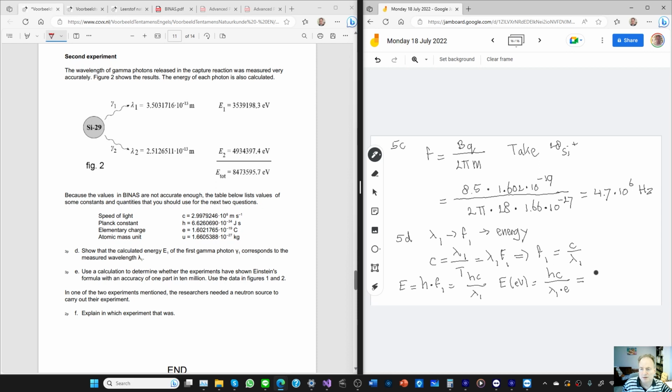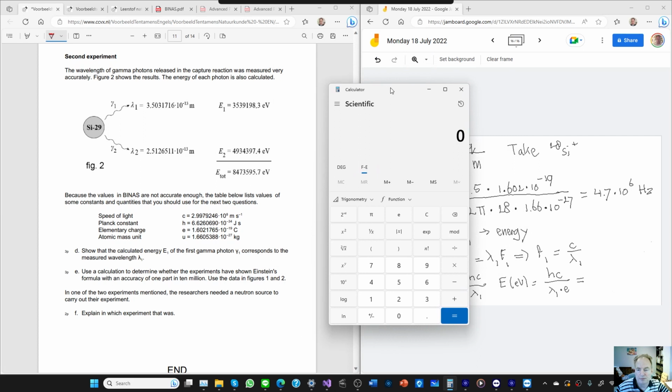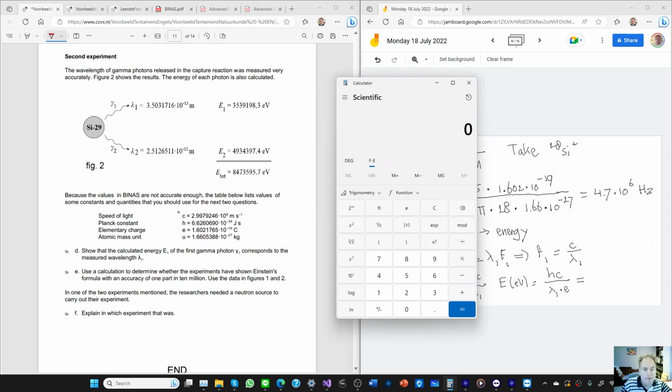So I can just substitute it. I get h, 6.6260690, then times the speed of light. Divide by the wavelength given here.